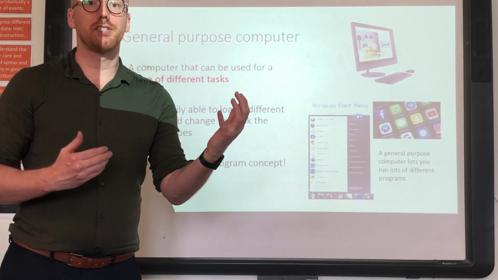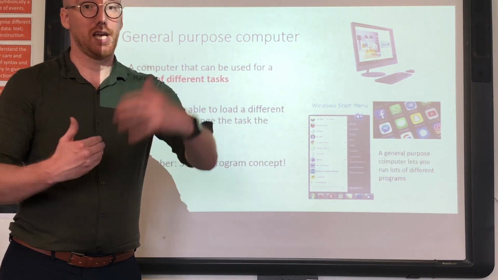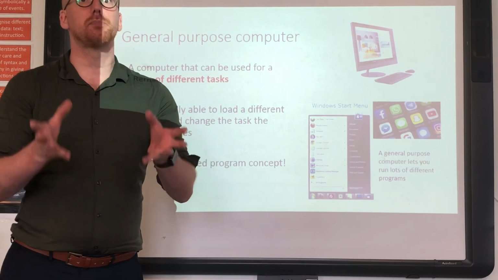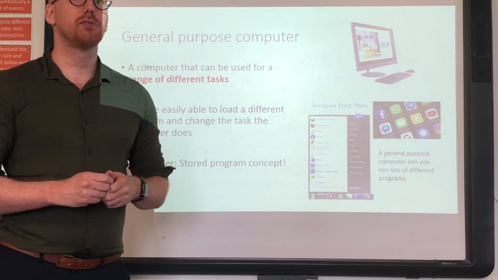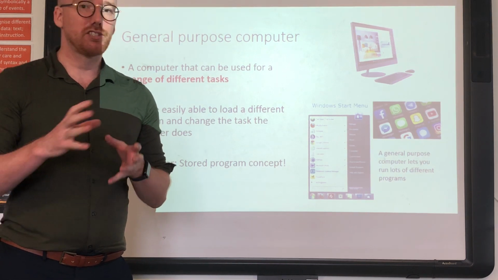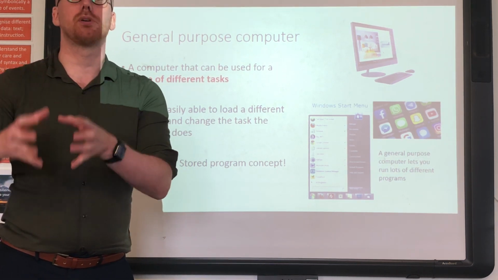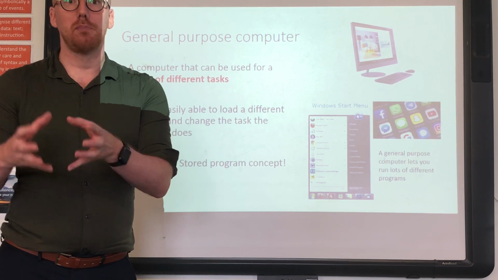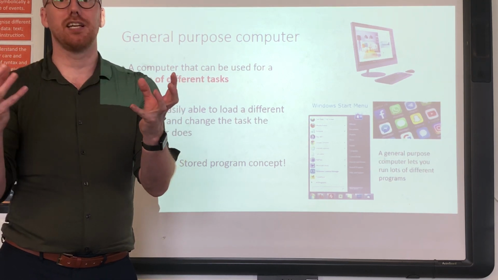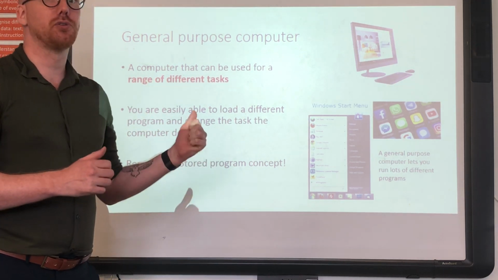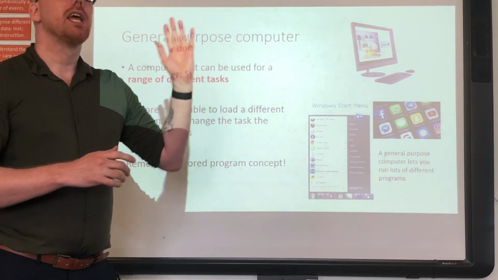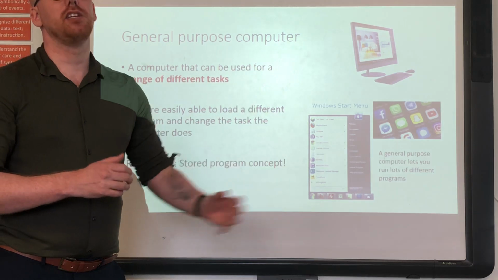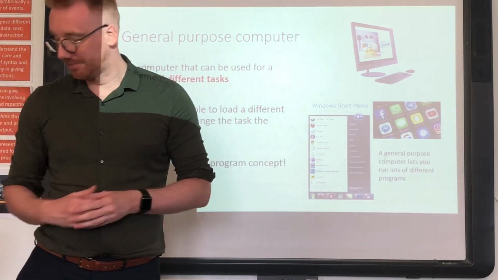Goes from a word processor into a spreadsheet, into a games machine, just by changing the program that you're running in memory. And if you remember from one of our previous lessons, this concept that you can change the program in memory and that memory stores the program and the data is called the stored program concept. So a general purpose computer is one that you can use for a range of different tasks.